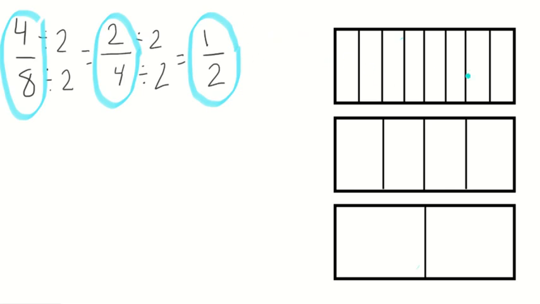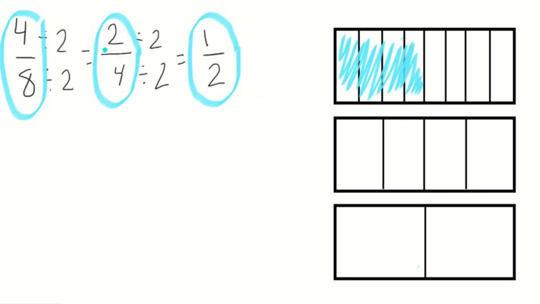So this cake here is divided into 8 equal pieces, and I'm going to highlight 4 of them. This cake is divided into 4 equal pieces, but it's the same size as this cake up here.